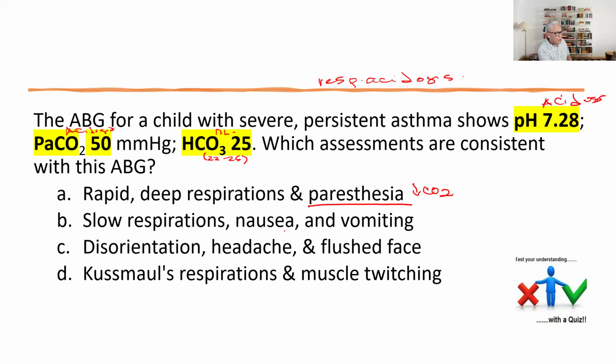Slow respirations, nausea, and vomiting. Now, if it is going to be slow respirations, this usually is going to depress the respiratory system, and the slow respirations are usually going to be associated with acidosis as well.